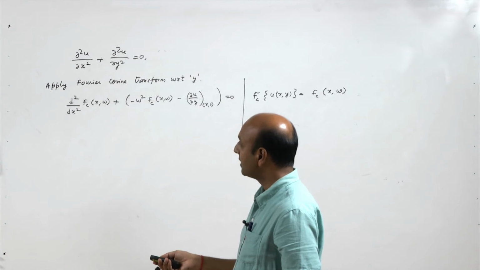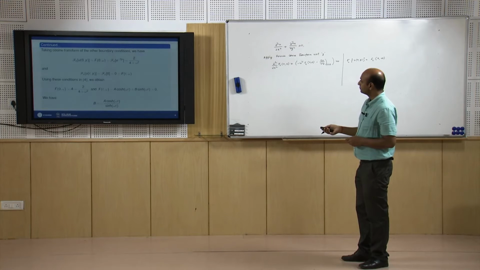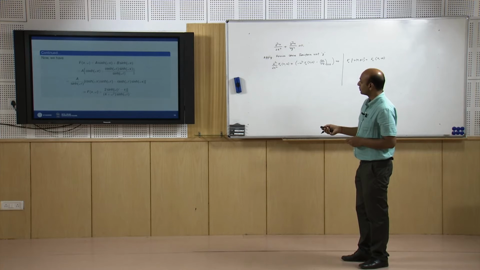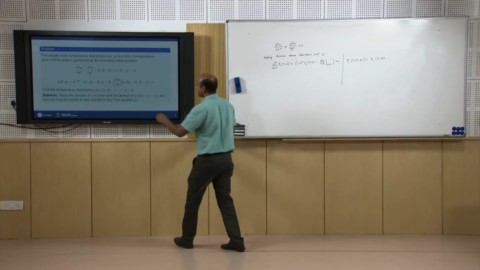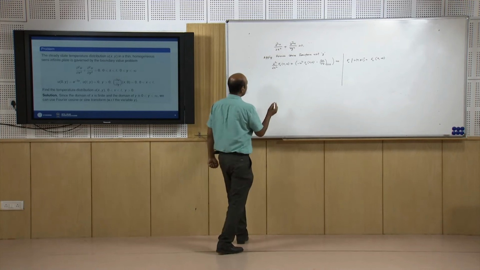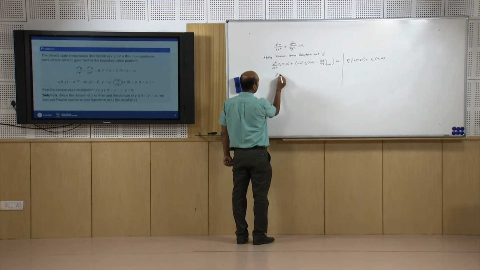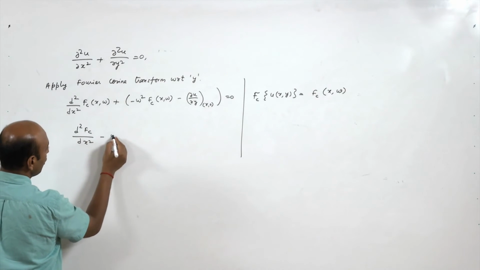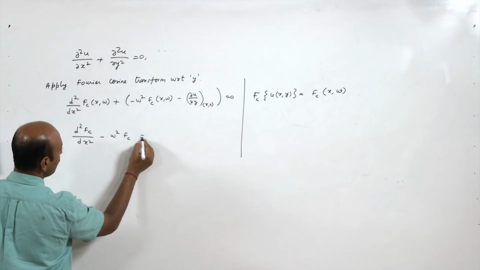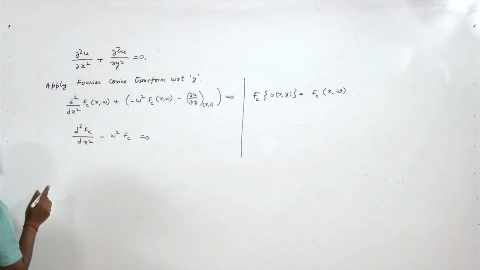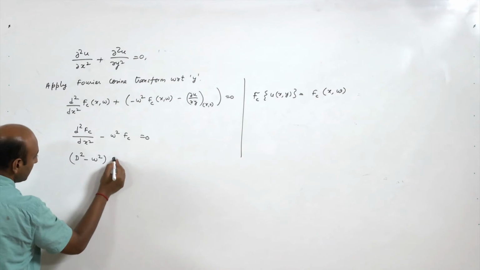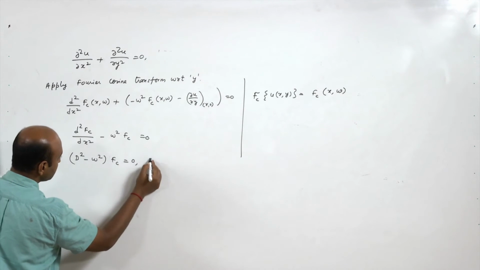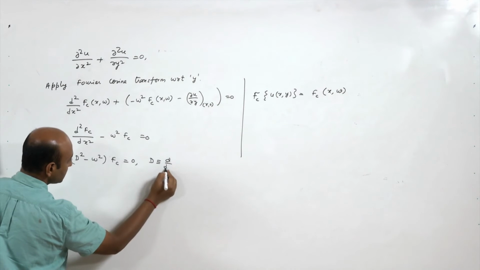So, what do we obtain finally? Sorry, basically this term is 0. So, we obtain d square fc upon dx square minus omega square fc equal to 0, because this is 0. So, this gives (D square minus omega square) fc equal to 0, where D is d by dx.